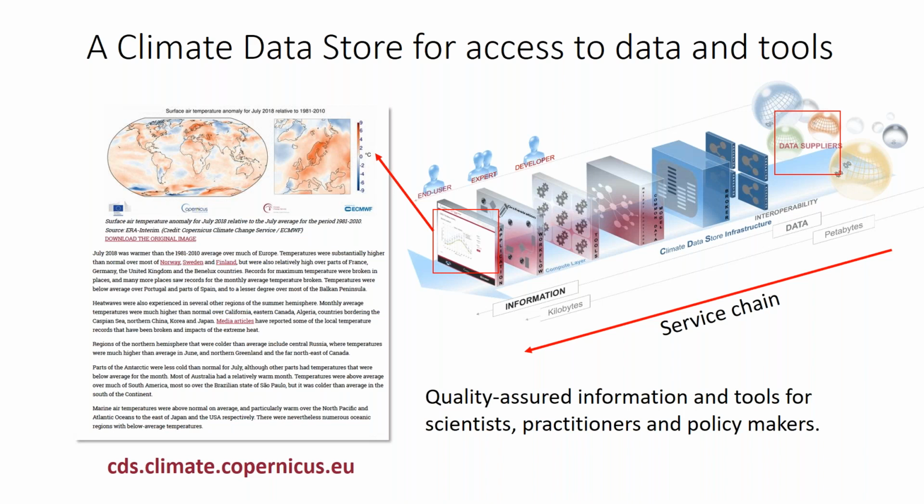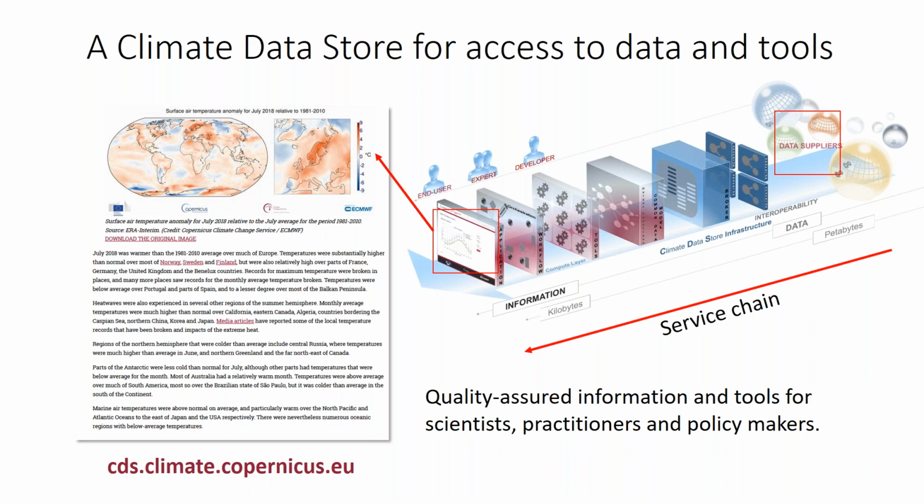So the infrastructure for the whole service is this so-called climate data store, and that provides access to all these data, including reanalysis, but other space-based observation data sets, climate models for scenarios and projections, regional and global, and many other types of data.